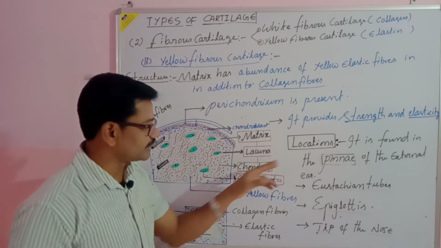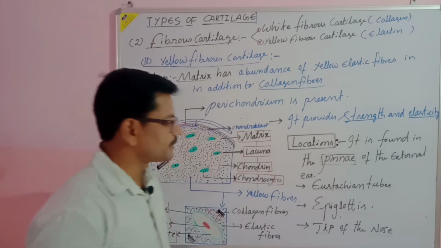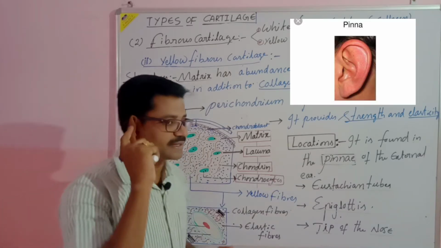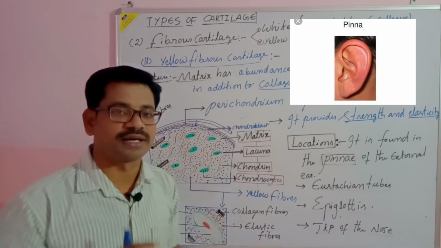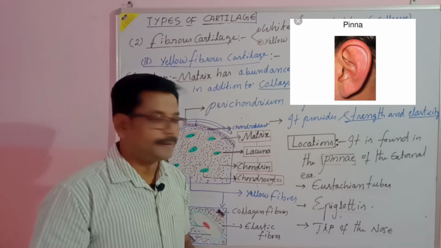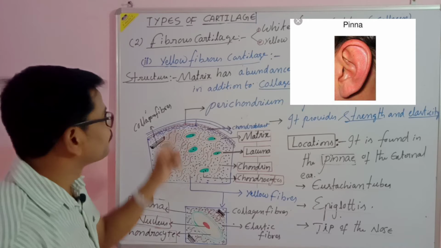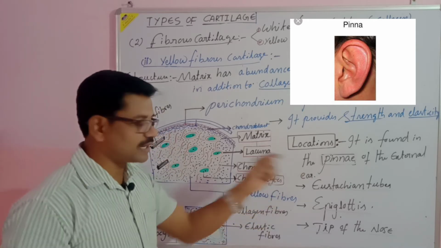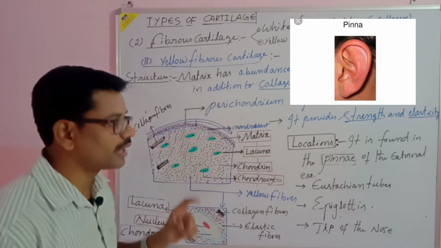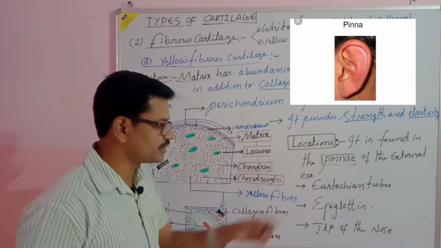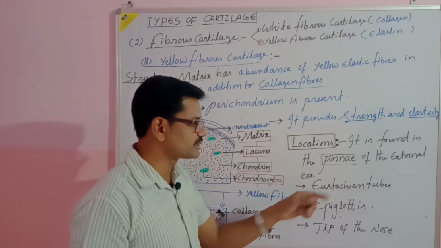Yellow fibrous cartilage is mostly present in the pinna of the external ear. This external ear is made up majorly of elastic fibrous cartilage, which gives us strength as well as elasticity. And the very important thing is the eustachian tube.